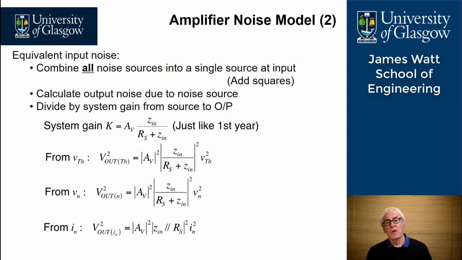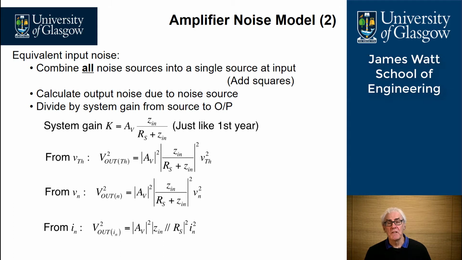Let's first take our simple circuit, and our system gain, as we discovered in first year, is K, which is equal to the voltage gain multiplied by the input impedance of the amplifier divided by the source resistance plus the input impedance of the amplifier. That's a simple potential divider formed by Rs and Zin.